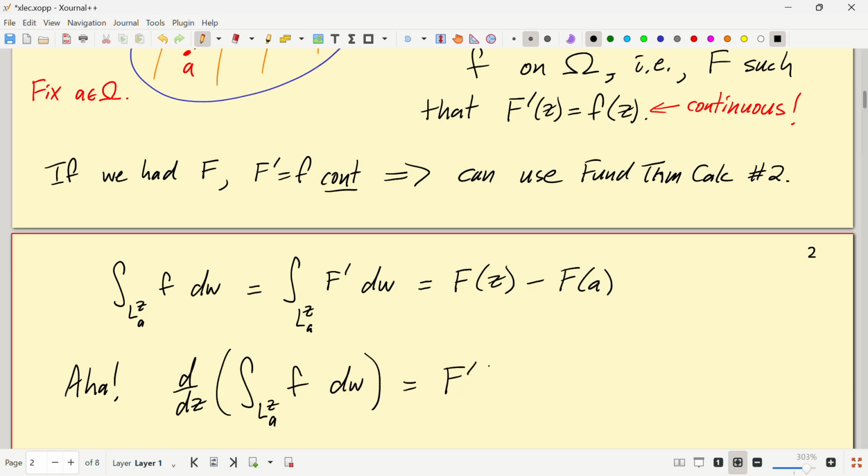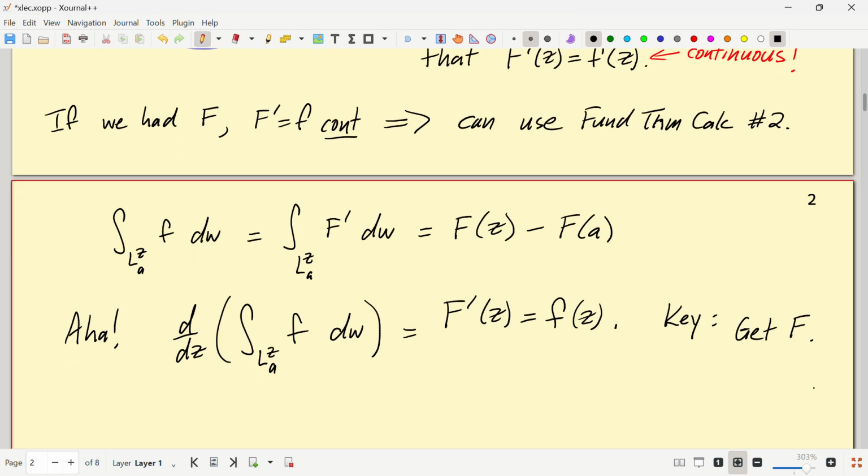That would be F prime of z, and that would be little f. So the key to getting this antiderivative is to get the capital F. And look, it's the derivative of this thing.